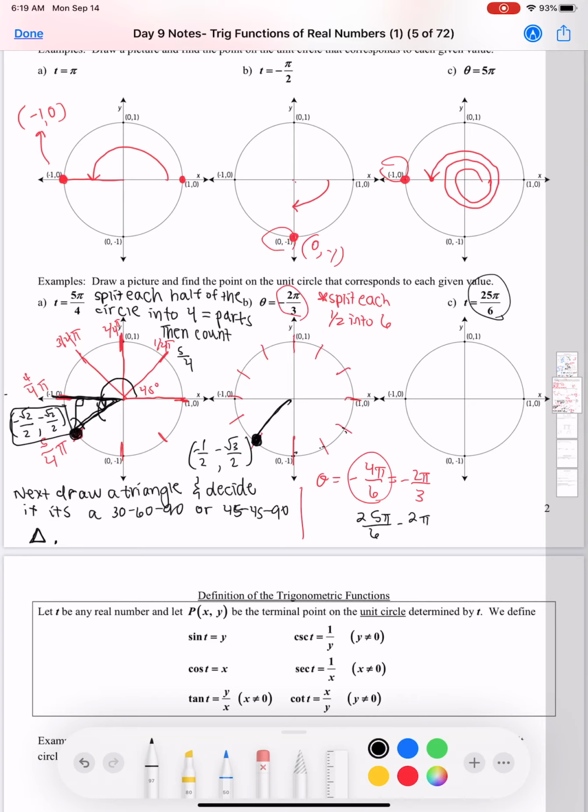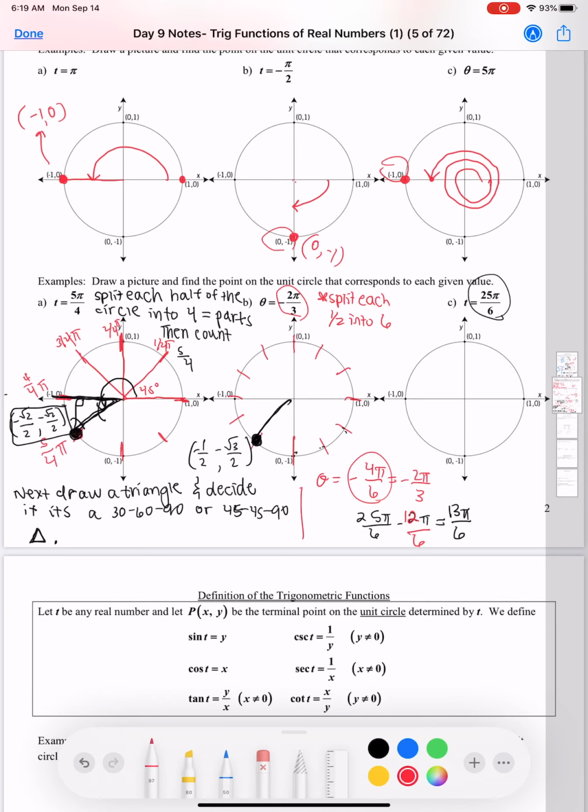Well, I need a common denominator. So if I want my denominator here to say 6, then I need to multiply my 2 times 6. So that's 12. Well, 25 pi minus 12 pi, that's going to get me 13 pi over 6.